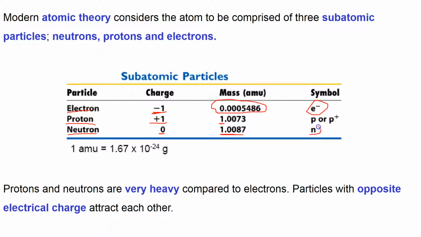Neutrons are given the symbol just a lowercase n. In comparison, protons are given the symbol either just a lowercase p, or more commonly a p with a superscript plus sign. It's important to recognize that because protons and electrons have opposite electrical charge, these guys will attract one another.